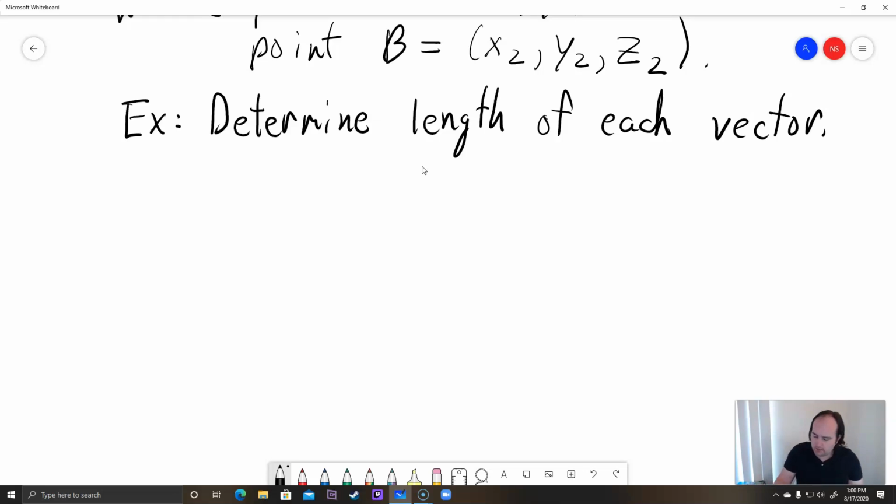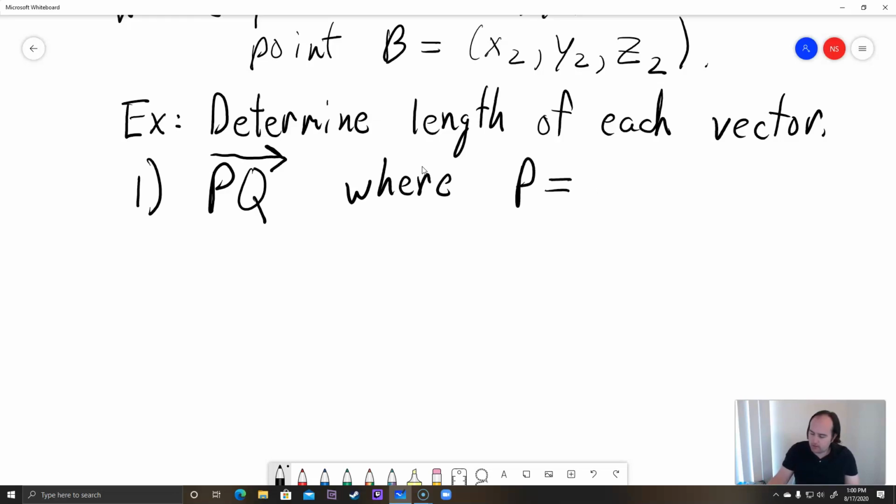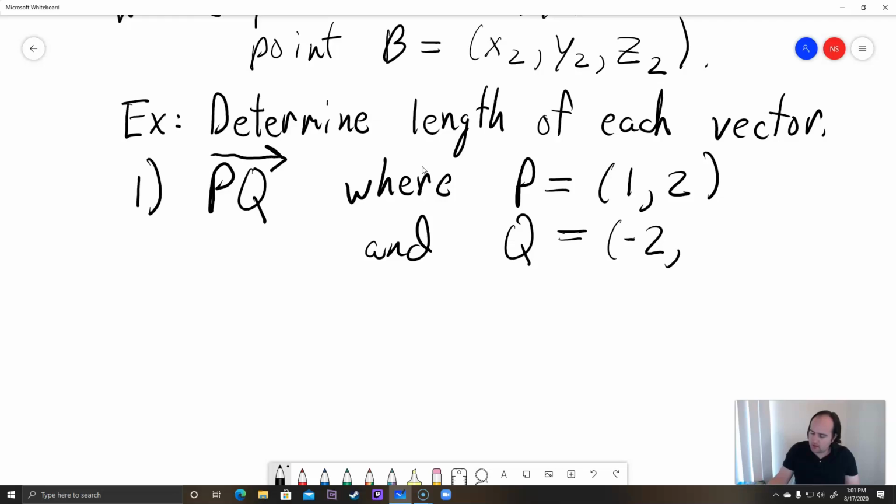Okay, and for problem number 1, we're going to have the vector, and our vector is going to be, I'm going to call it PQ, where the initial point P equals 1, 2, and the terminal point Q equals -2, 3.